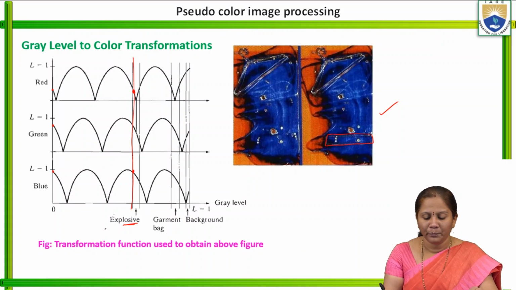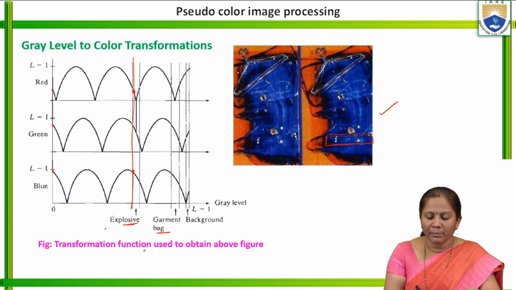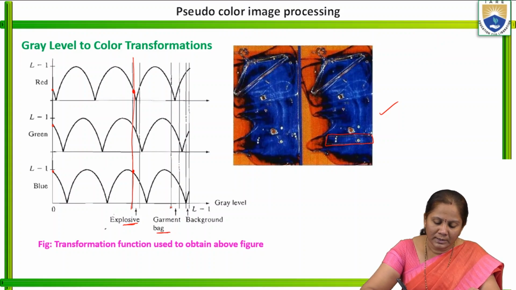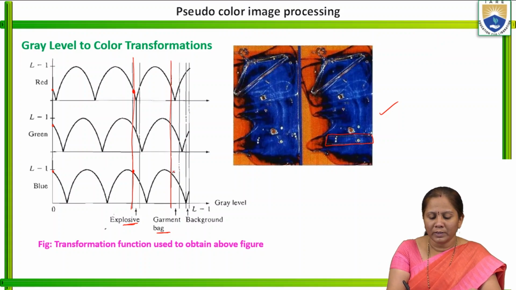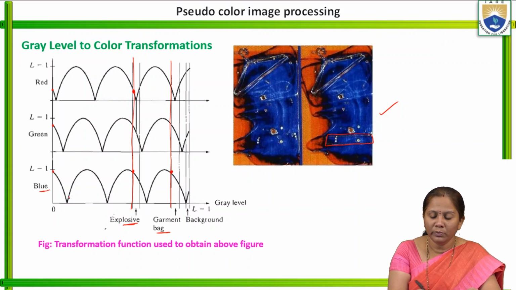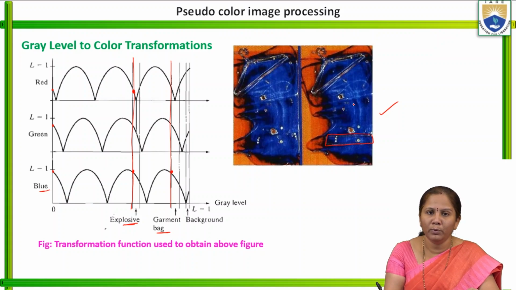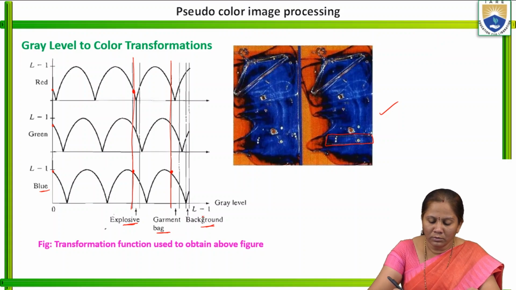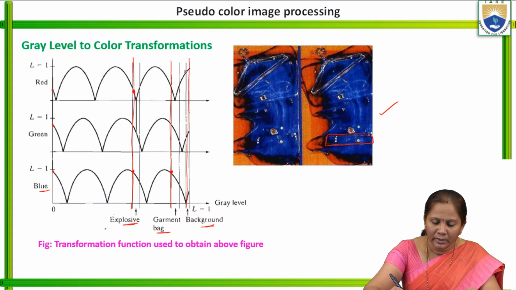Dominant is blue. And if you see the garment bag, this is the transformation for the garment bag. For the garment bag, the dominant color is blue. That's why the bag is represented with blue color. And for the background, among green and blue, the dominant color is red.